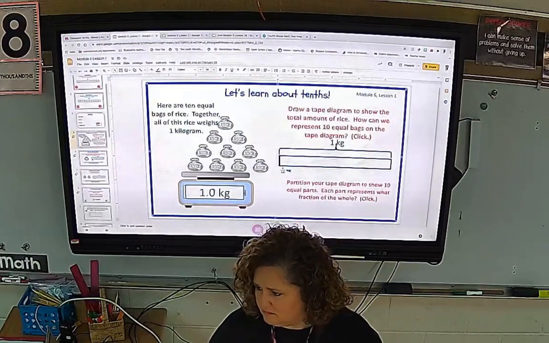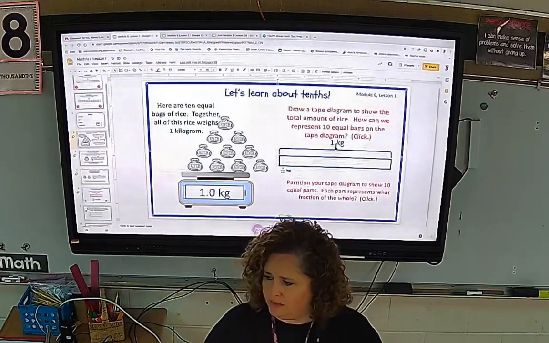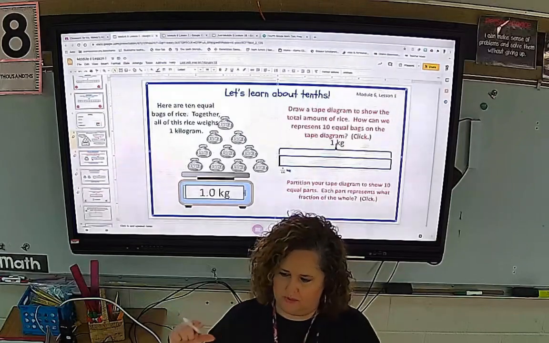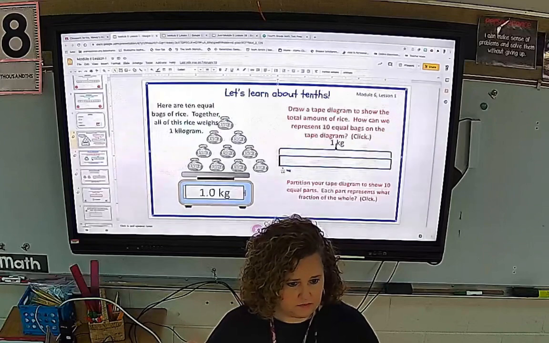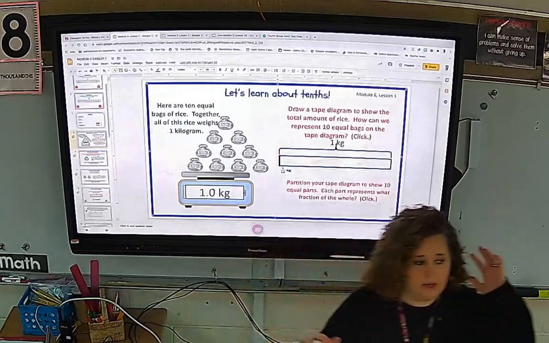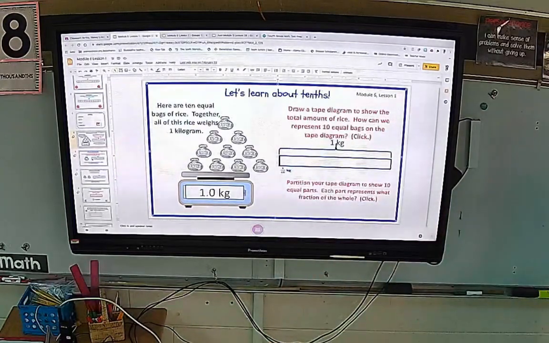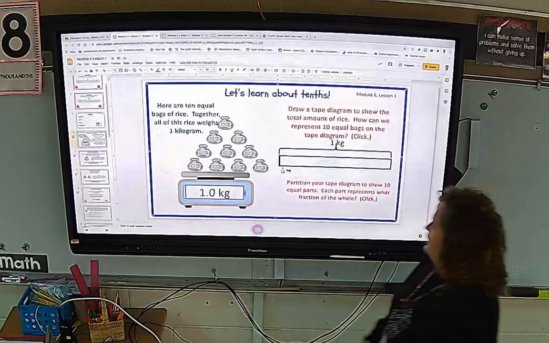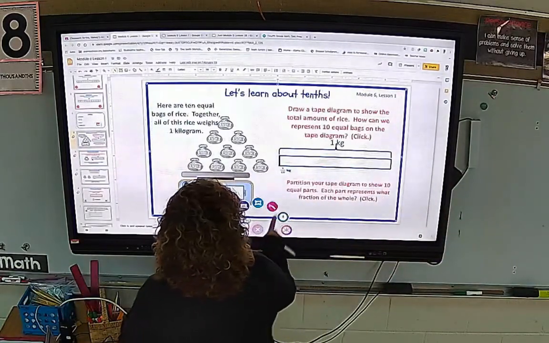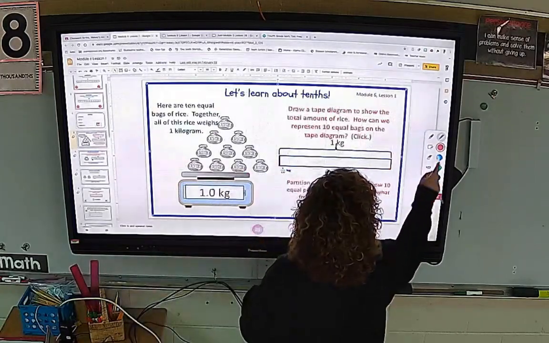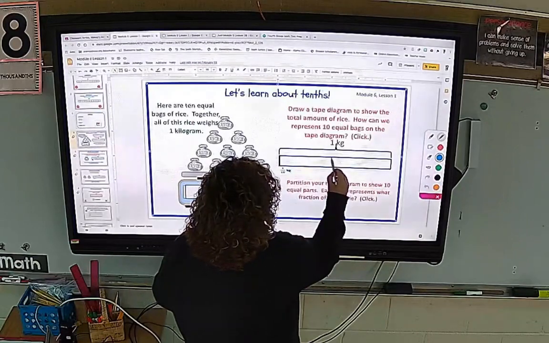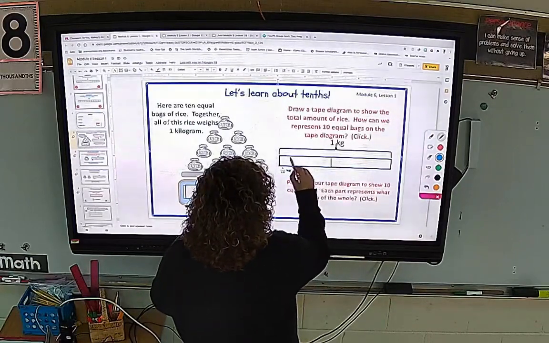Well, what would we need to do to show that it's showing us 10? We cut it how many times? 10 times. Well, 9 times, but so that we have 10 pieces of it. Okay. So we're going to take our tape diagram, and we're going to cut it so that it has 10 pieces.